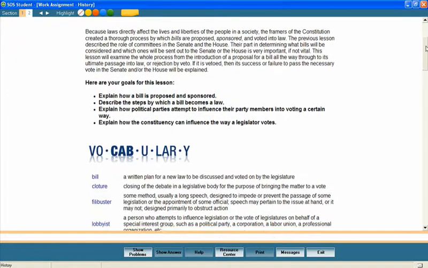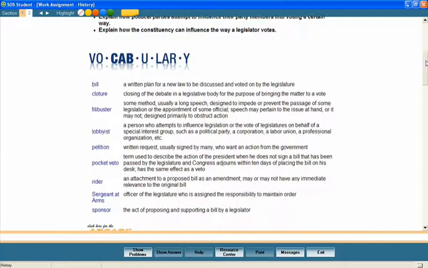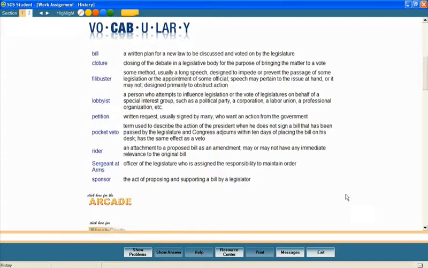Most lessons begin with a brief introduction and a list of vocabulary words that will be used throughout the lesson. We've included review and reinforcement activities to encourage mastery of these important words. For example, students can hear the correct pronunciation of each word. Writer, petition.